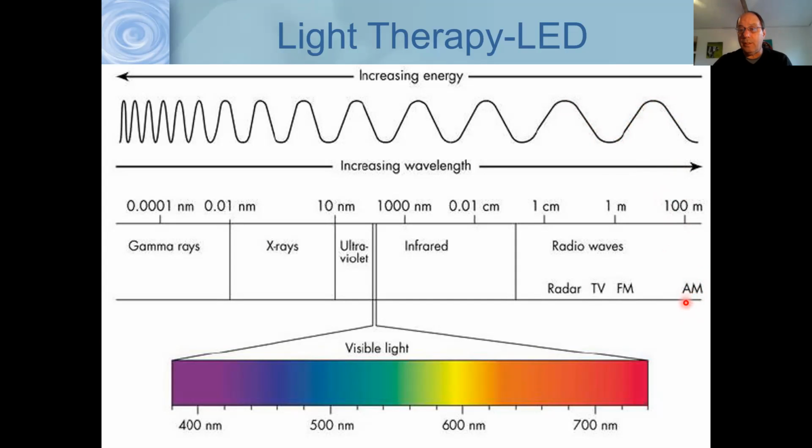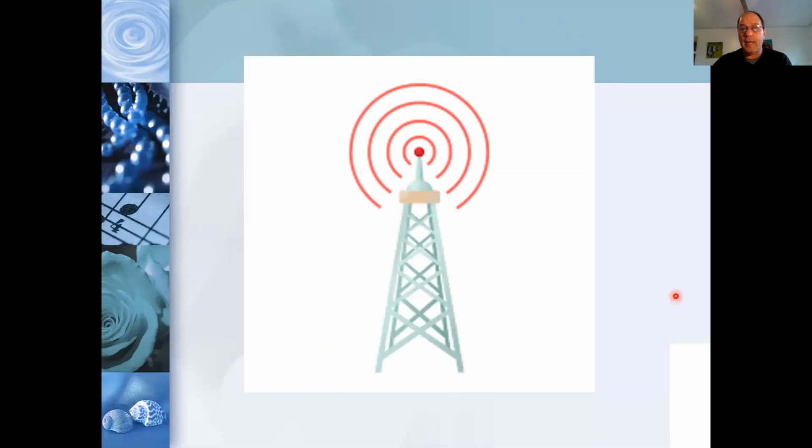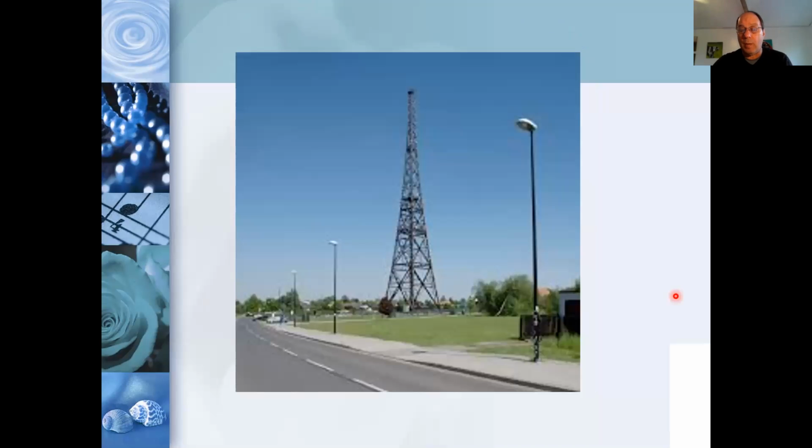That radio signal is generated by a radio station and is broadcast from a radio tower somewhere in your community. And that tower is sending out this sine wave curve through the atmosphere. And it's bouncing around, and we cannot see it.